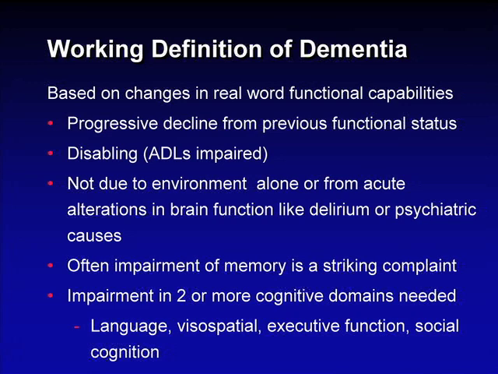Often memory is a striking complaint, but sometimes they can have other problems unrelated to memory. Is it language? Is it visuospatial problems? Is it executive function? Or even social cognition, which is getting a lot of prominence these days. So we're trying to put together all the conditions of what dementia means. We are not yet at the etiology aspect of things. This is a clinical working picture.